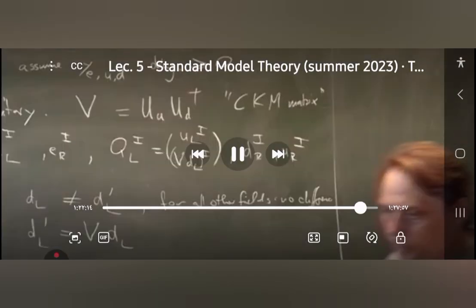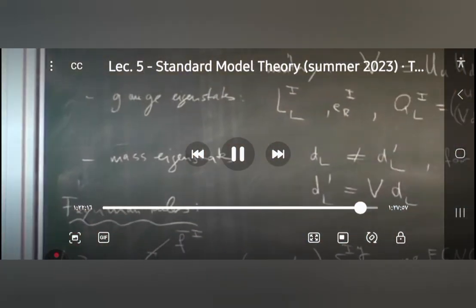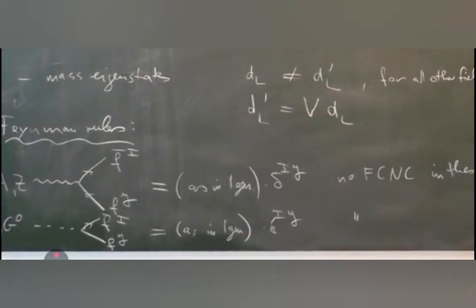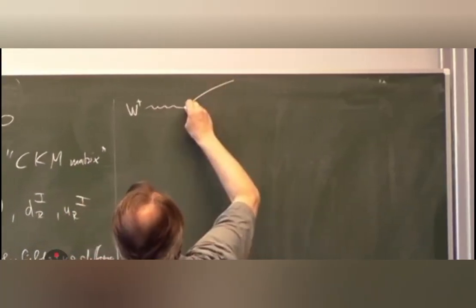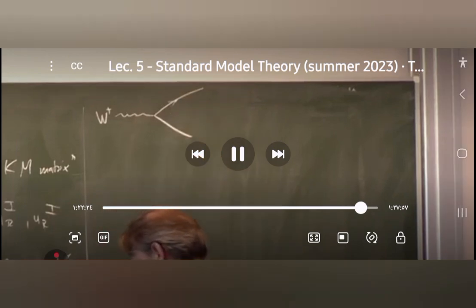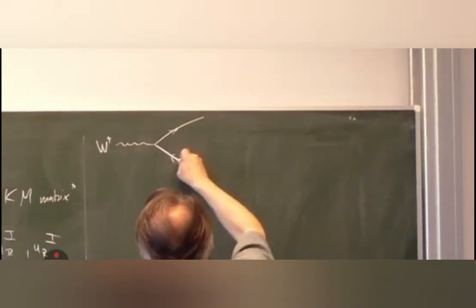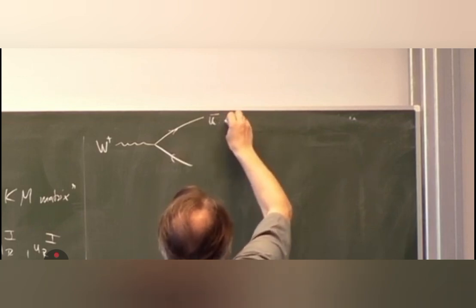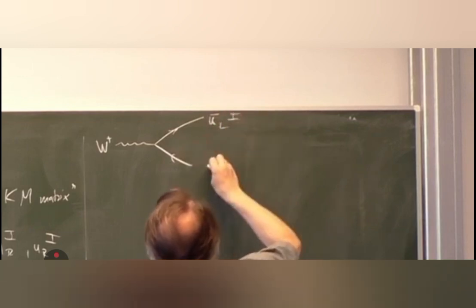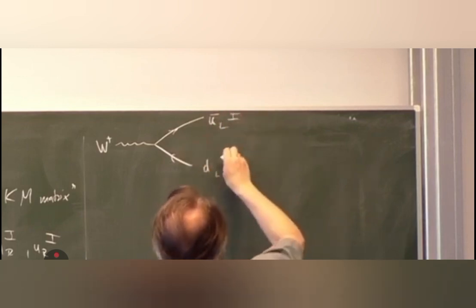Then we have the gauge interactions with the W boson, W plus. And here then the outgoing up quark, u L i, and here d L j.